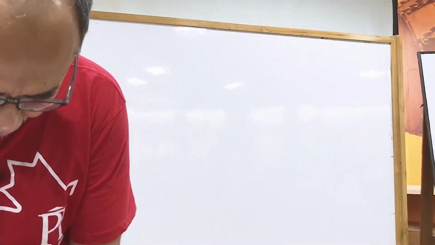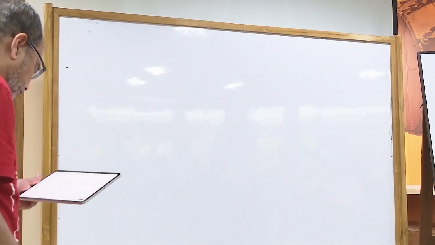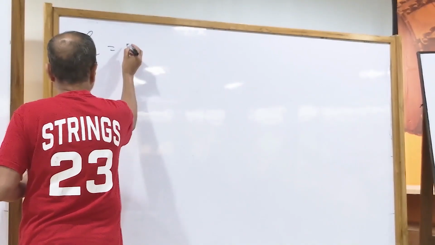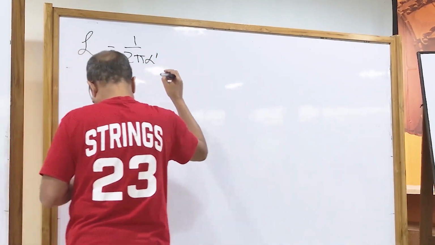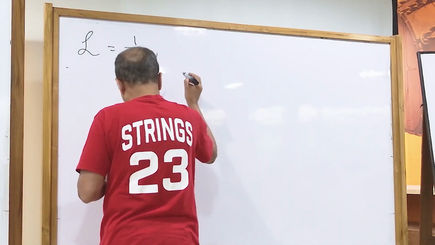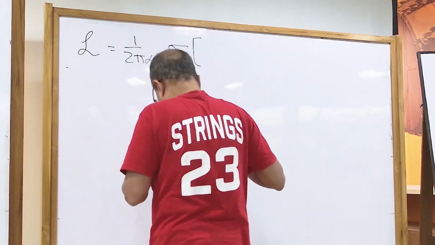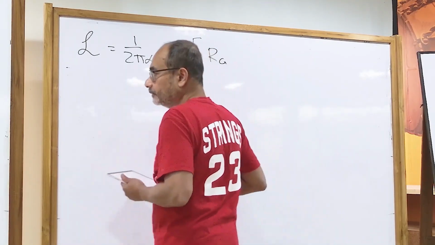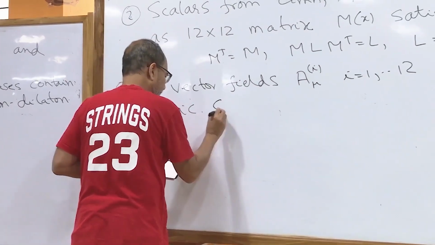So the Lagrangian density for this is reasonably complicated. Let me write it down. The Lagrangian density is 1 over 2 pi alpha prime. The dilaton appears as an overall multiplicative factor. The metric I am denoting by capital G mu nu.